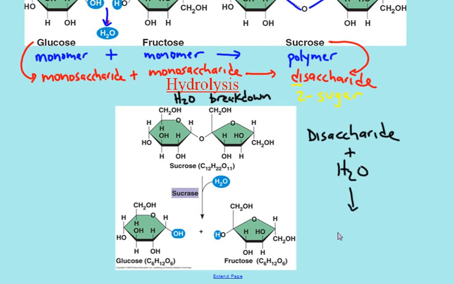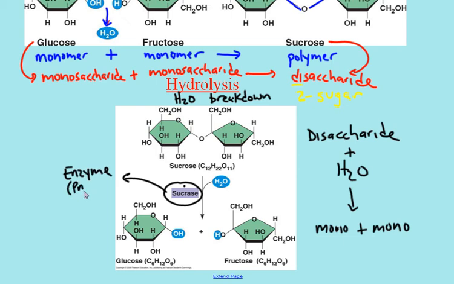And this leaves us with our two monosaccharides. So one thing becoming simpler because water is breaking it down. As you see here, sucrase. This is going to be an enzyme, which is actually a type of protein. We'll get to this later. Its whole purpose is to speed up the reaction.